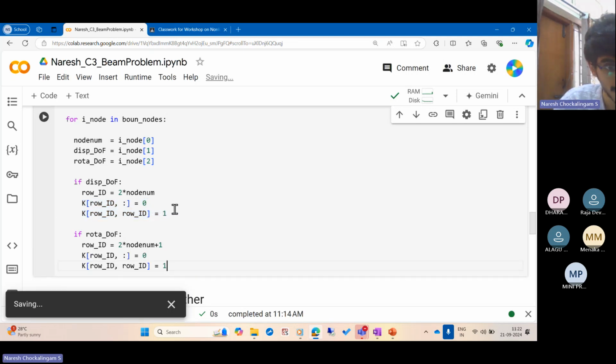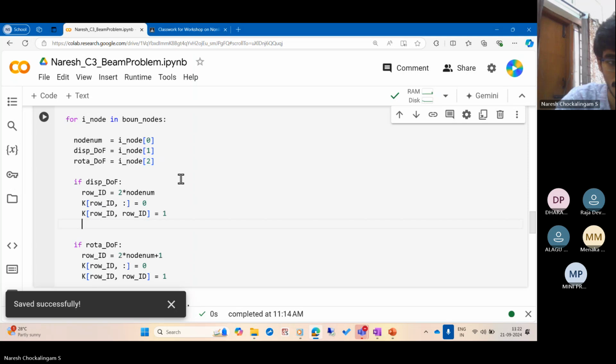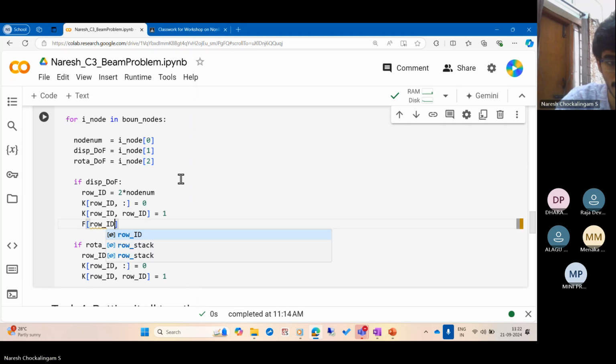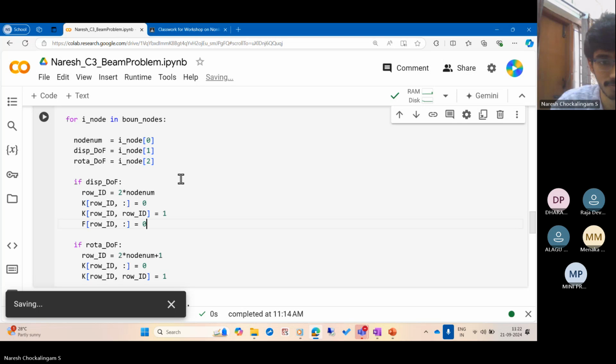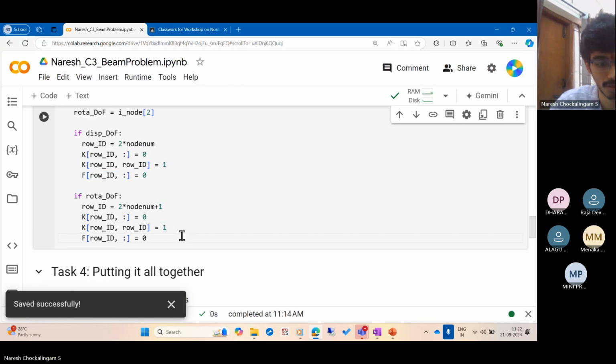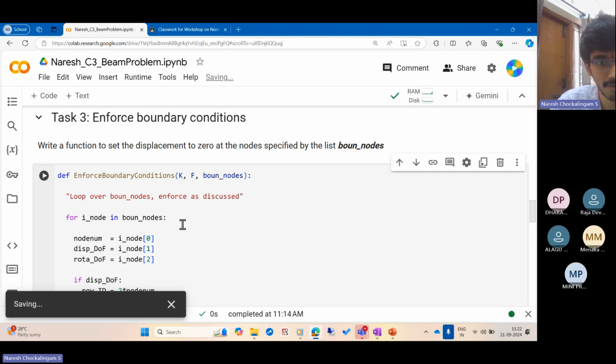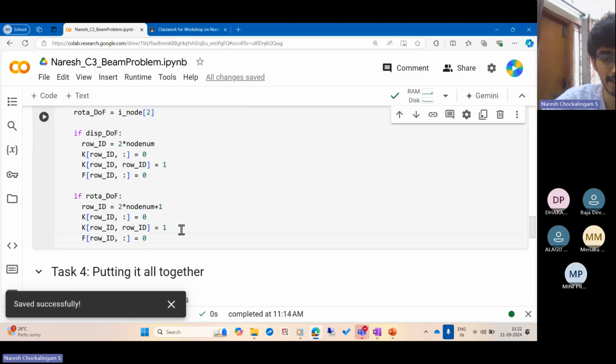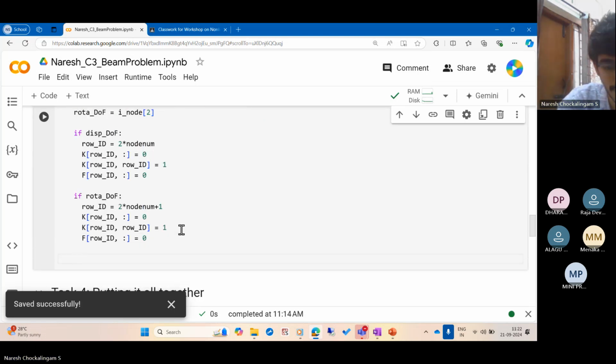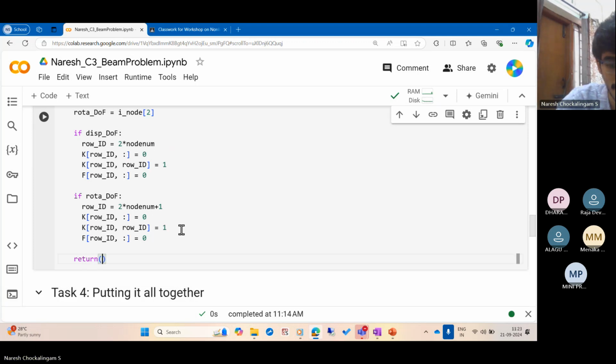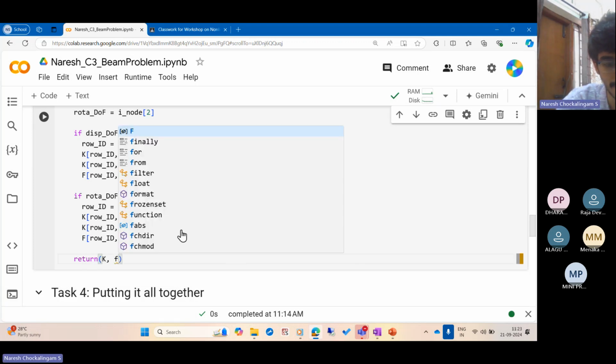Of course, force also you should make 0, so F of row ID equals 0. We are finding the force, so it's not a big issue. So this it will do, and it will return K and F.